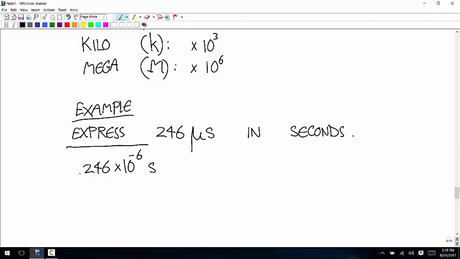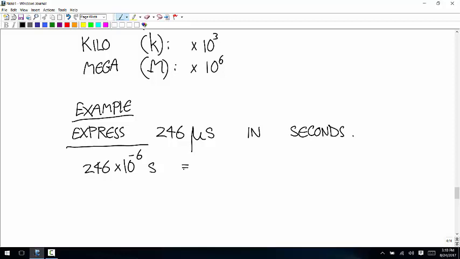And if we wanted to put that in scientific notation, we're sort of in this pseudo-scientific notation right now, but we need only one leading digit. So to do that, we're going to divide this first part by 100 to make that 2.46.